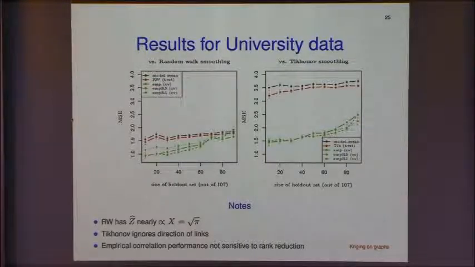The Tikhonov smoothing doesn't use the direction of the link, so it seems to be at a disadvantage here. And here is just a regression on the intercept. Here is what they get with their best value of lambda, and then here are the empirical correlations. So if you pop in sample correlations, you get a bit of an improvement.